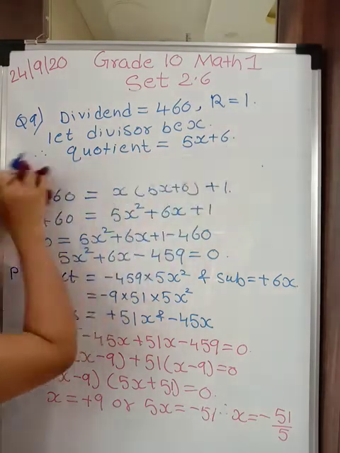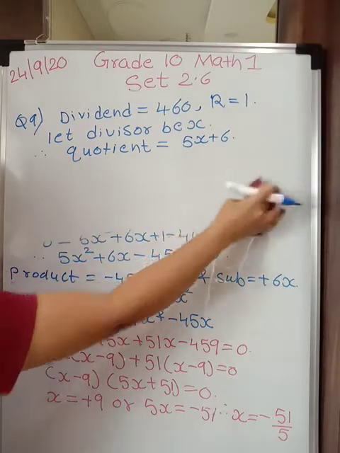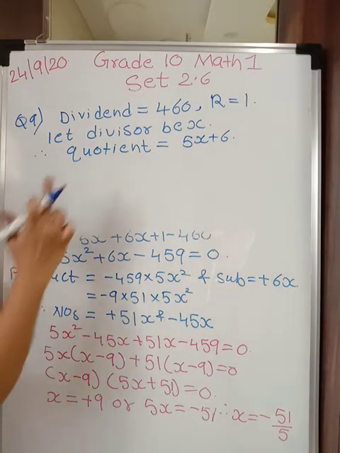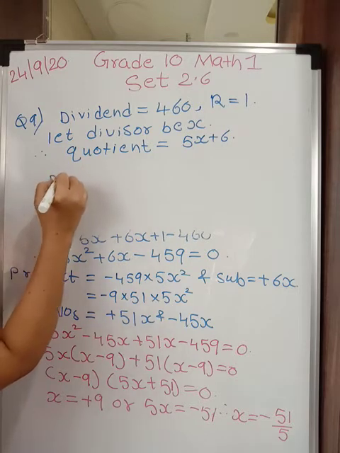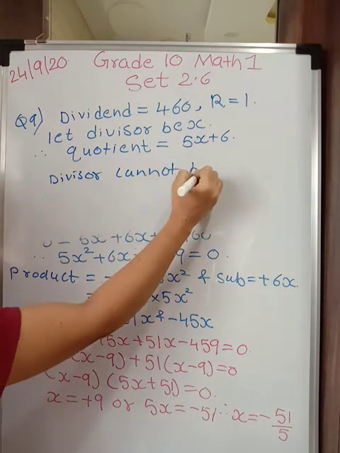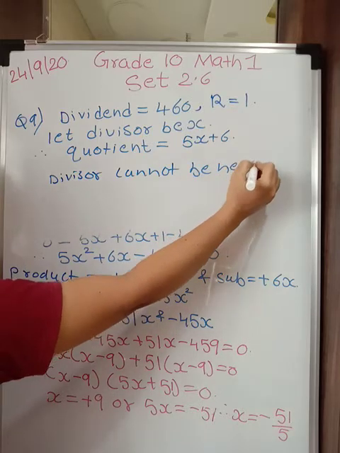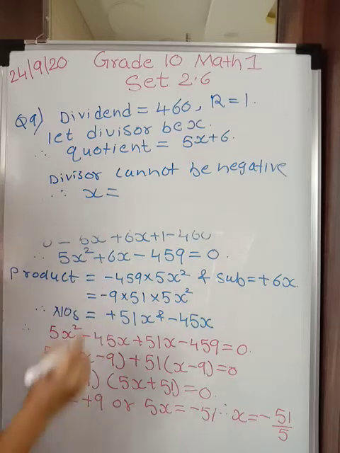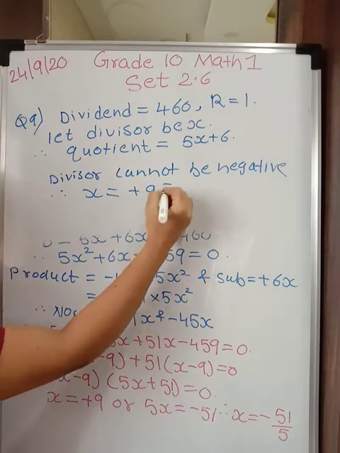Find out the answers. What are we supposed to find? Find the quotient and the divisor. So the divisor cannot be negative. Therefore, x will only be plus 9, which is equal to the divisor.